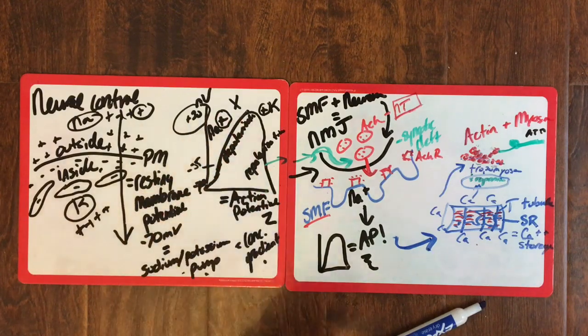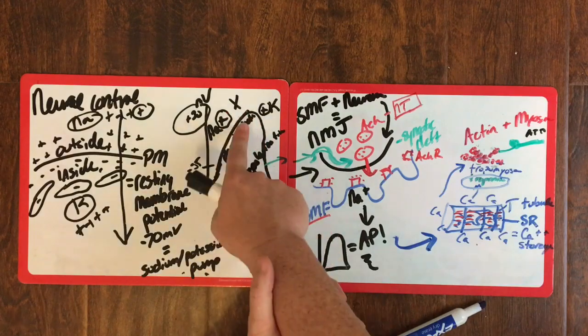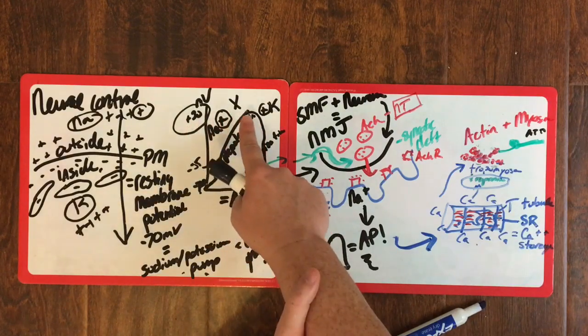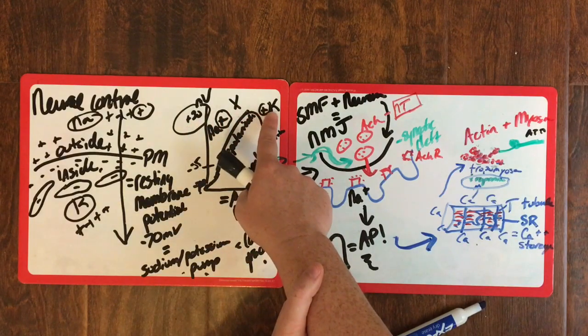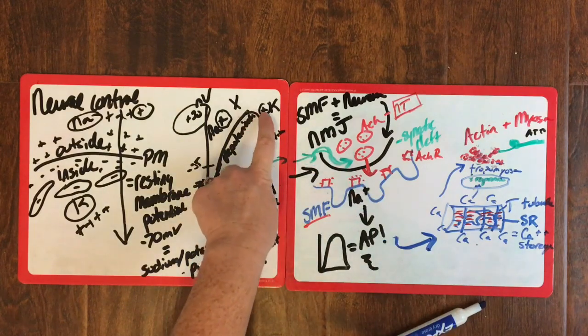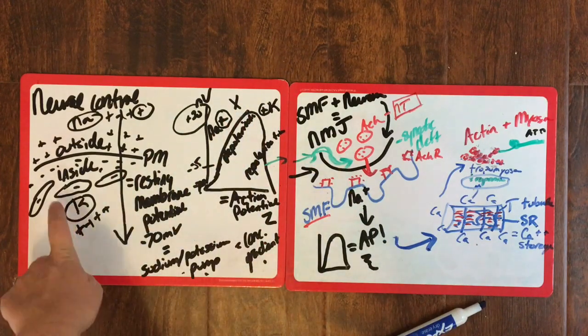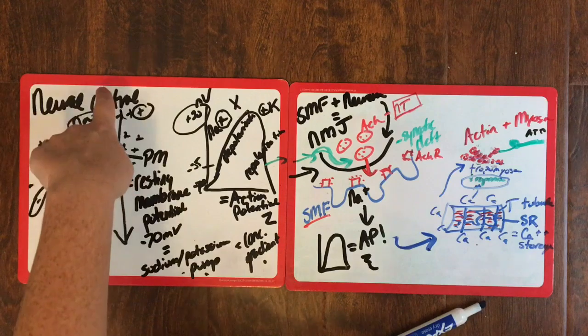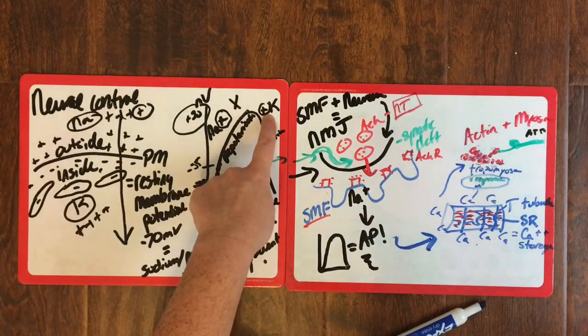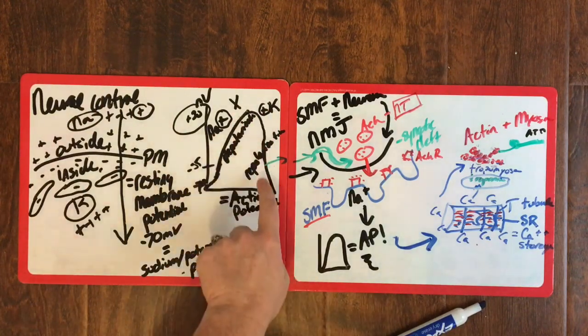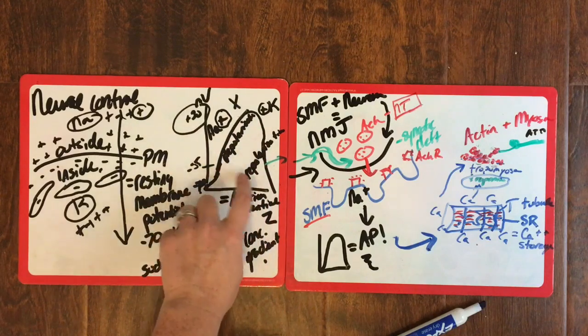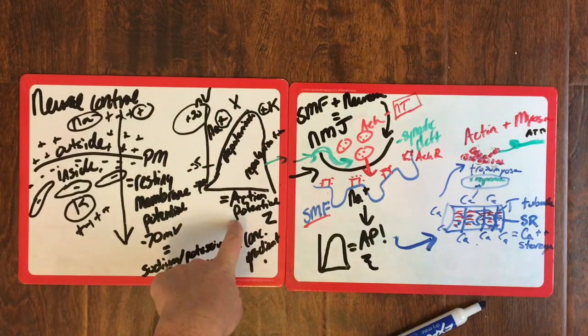And that's called depolarization. Once you reach a threshold, about +30, open those potassium gates. So you're going to allow all the potassium with its positive charge to leave the cell. If you take a positive charge away, you become more negative again. So that's called repolarization. Both of these together create an action potential.